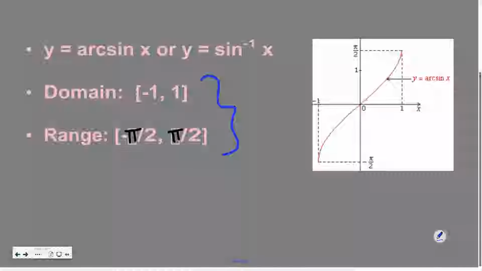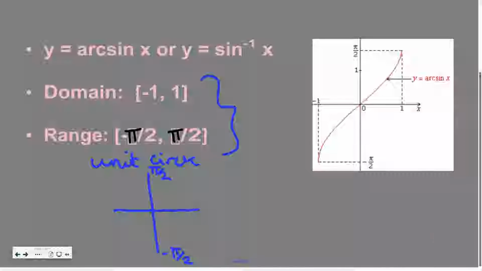So let's think about where those values would be. Let's think about our unit circle. Where's negative pi over 2? It's the same thing as like 270, right? So negative pi over 2 is here. And here is pi over 2.